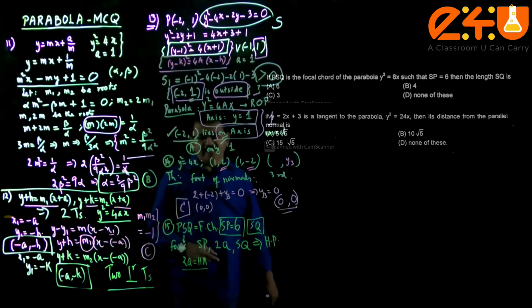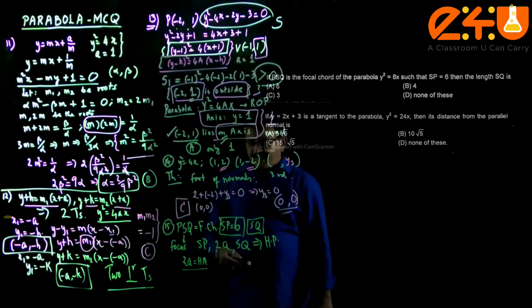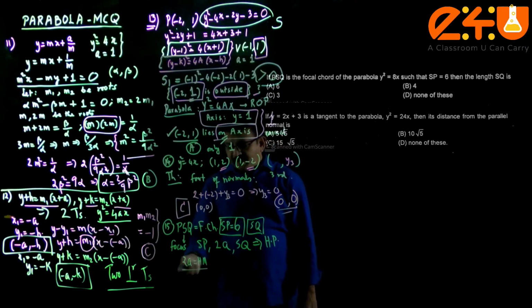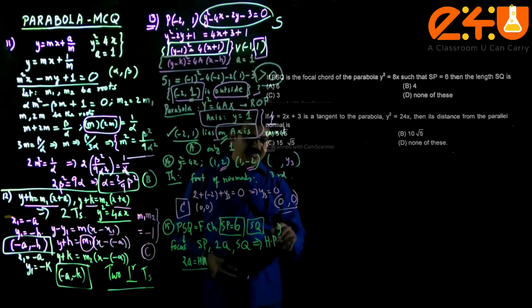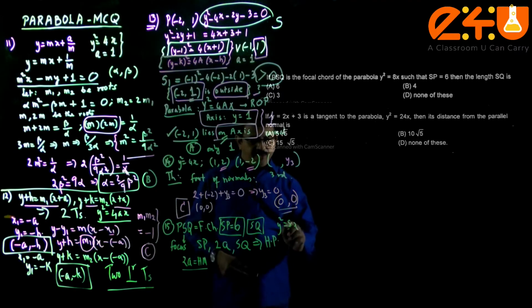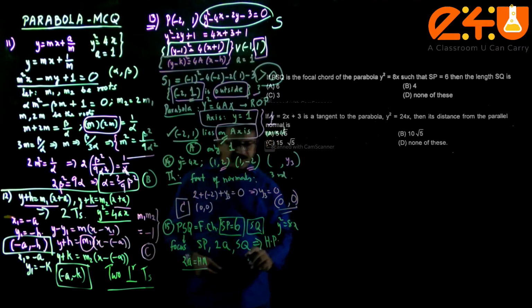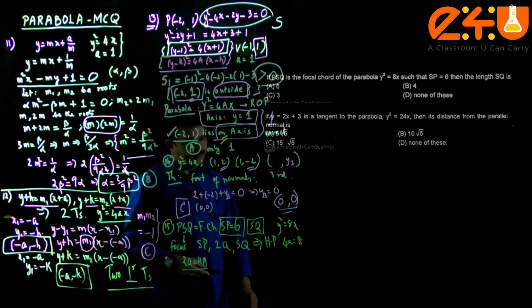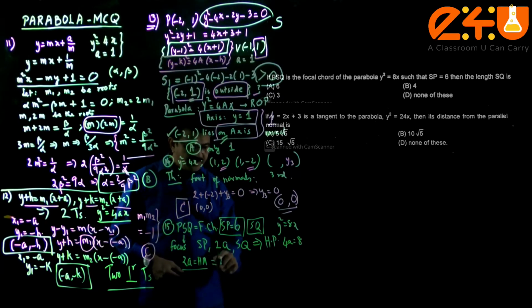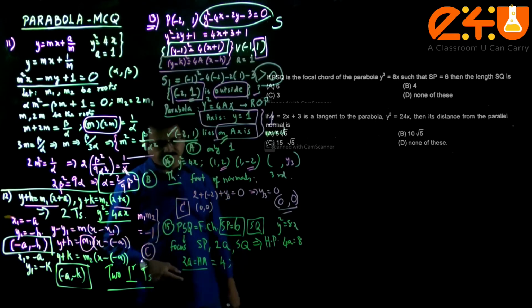That is why we need the a or 2a value. Given the parabola says it is y squared equal to 8x. So we understand 4a is 8. Therefore 2a is 4.